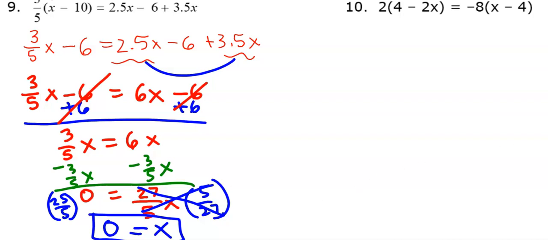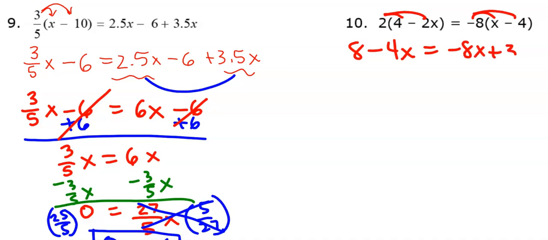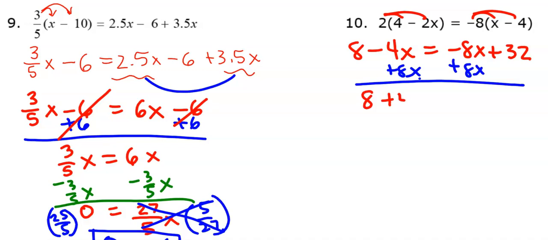Let's take a look at question number 10. When I distribute, I get 8 minus 4x equals negative 8x plus 32. I'm going to add 8x to both sides, giving me 8 plus 4x equals 32.